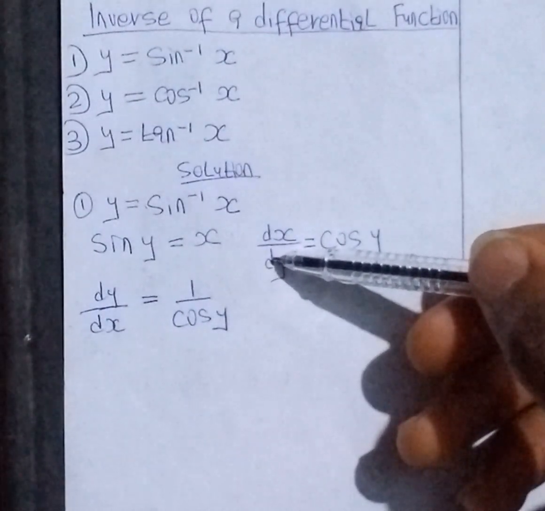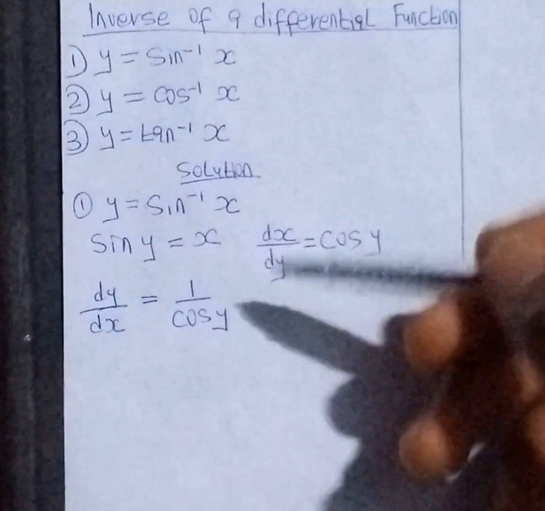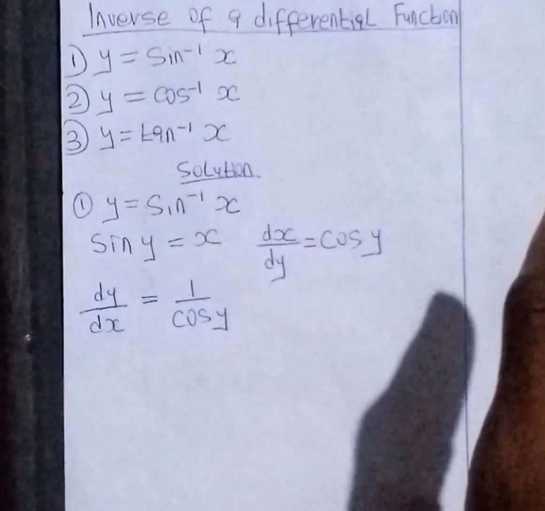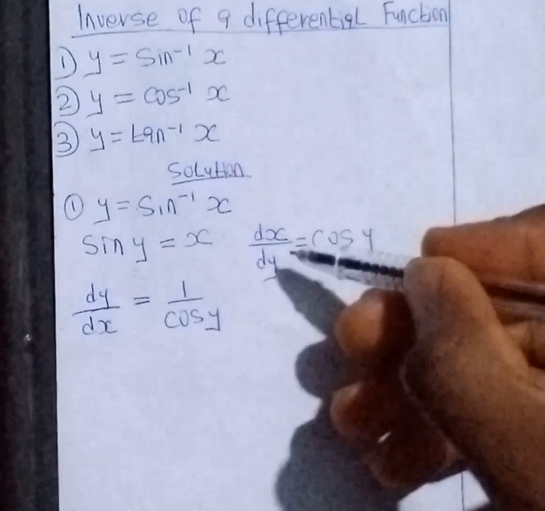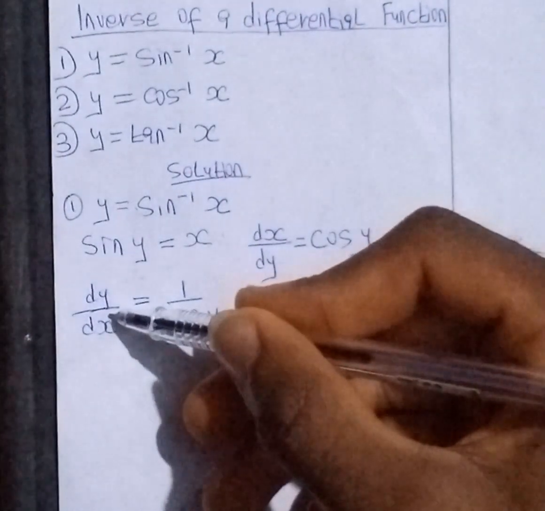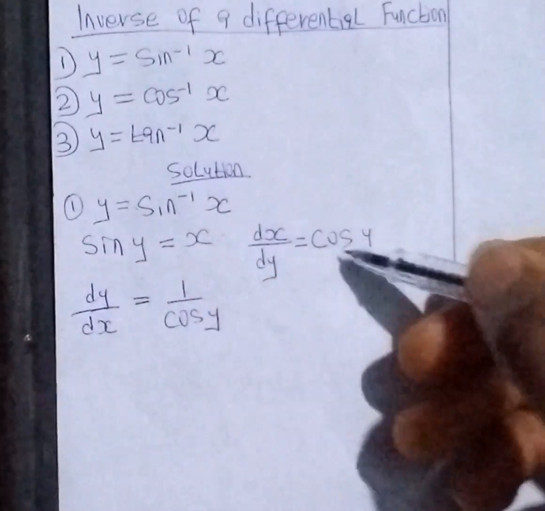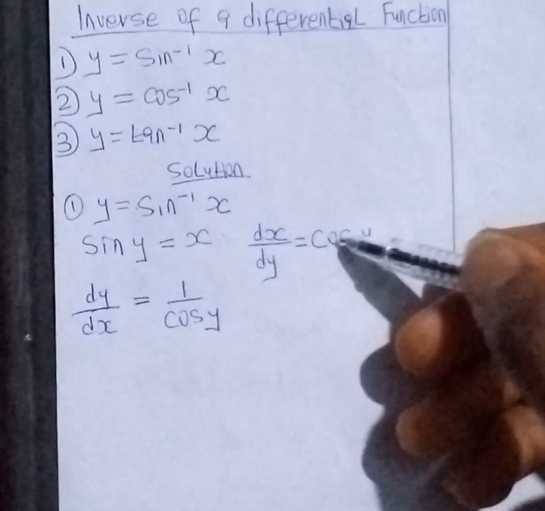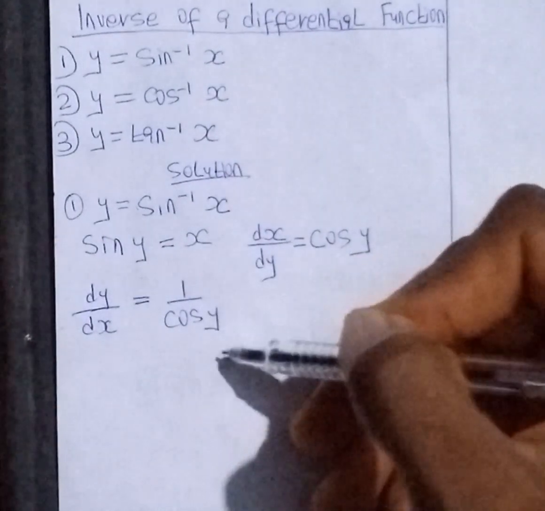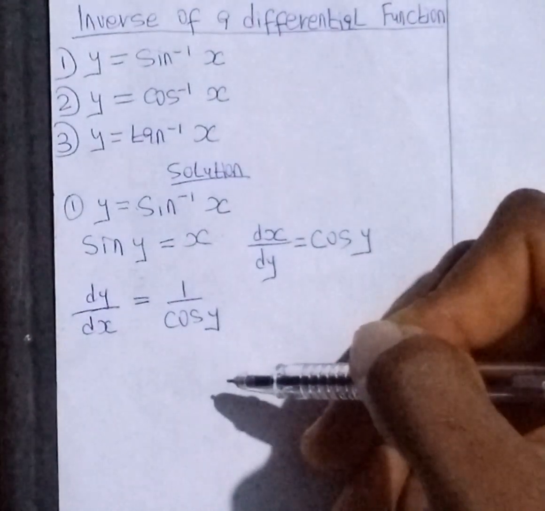Here we have dx over dy, but we want dy over dx, so we now take the reciprocal of this one, which will be 1 over cos y. That's what we got here.